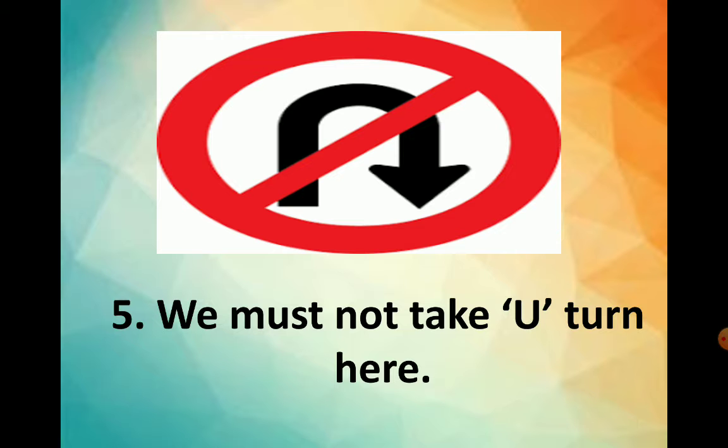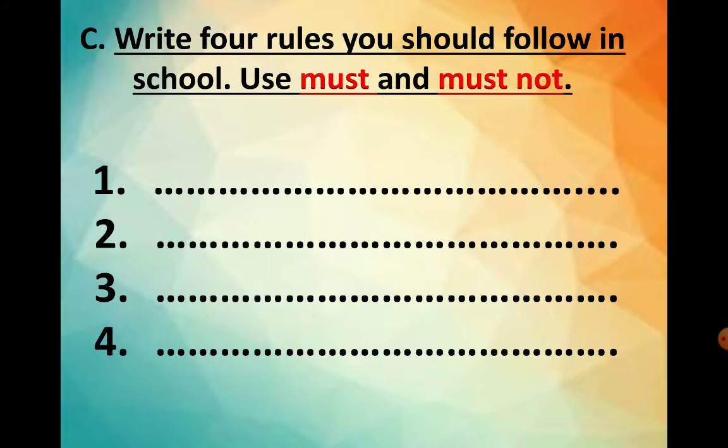Okay. Now let's go to the next exercise. Write 4 rules you should follow in school. Use must and must not. So let us start writing 4 rules which we have to follow in school by using must and must not.